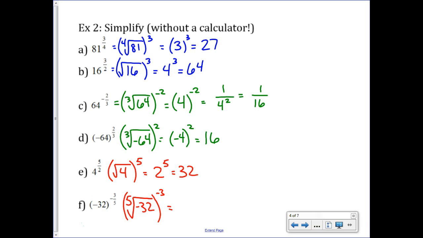Negative 2 times negative 2 times negative 2 times negative 2 times negative 2. And I take that to the negative 3. So that's 1 over negative 2 to the positive 3. Well, negative 2 times negative 2 times negative 2 is negative 8, so negative 1 over 8 would be my answer.